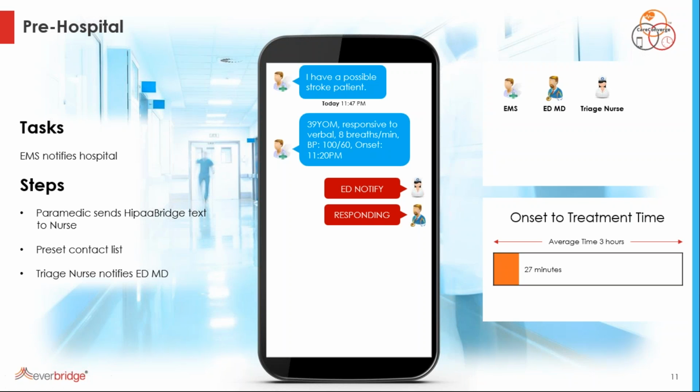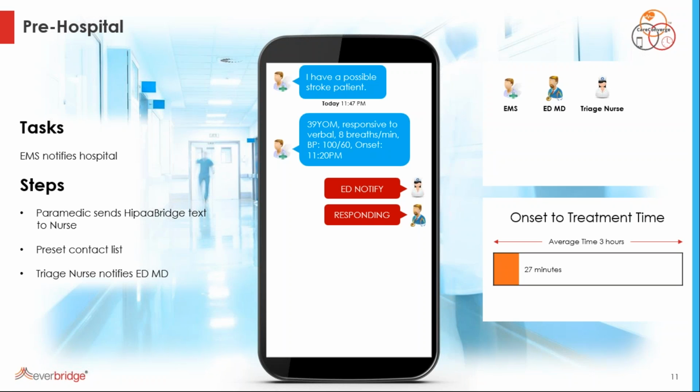In our example, we're working with a stroke patient who's inbound on an ambulance, and we have EMS notifying the hospital via our mobile platform, directly from the ambulance on the way in, providing a basic summary of the patient as well as the ETA, in this case to the triage nurse.